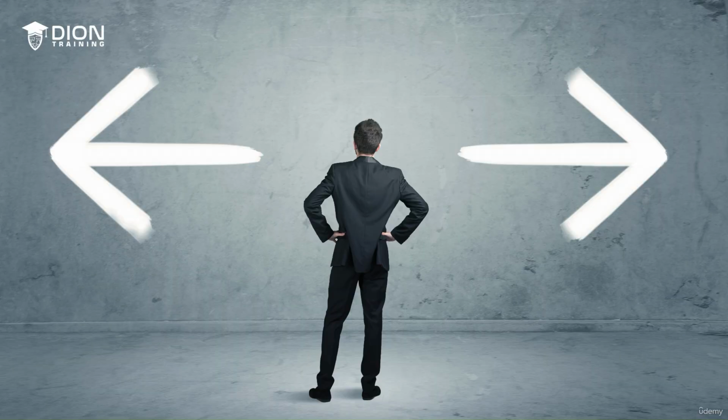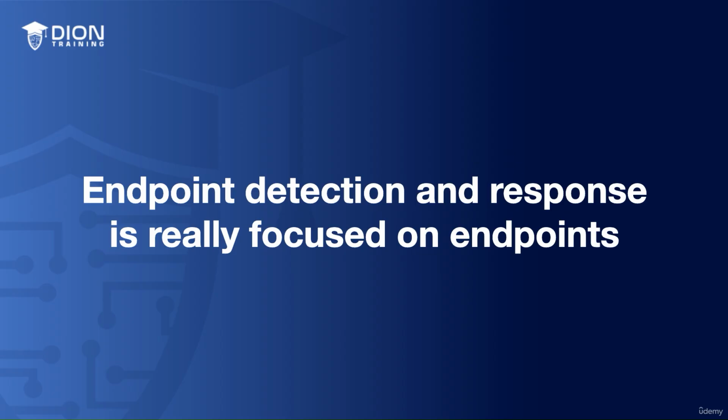So, I know that sounds like a lot of endpoint detection and responses, so you may be wondering, what is the difference between an endpoint detection and response solution and an extended detection and response solution? Well, endpoint detection and response is really focused on your endpoints, things like computers, laptops, and mobile devices. Endpoint detection and response solutions can collect data from these endpoints, analyze them for signs of threats, and respond to those detected threats.